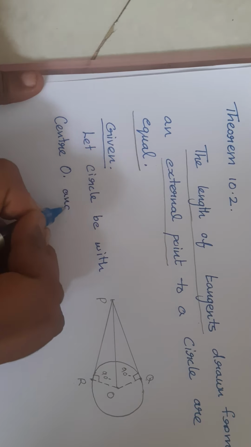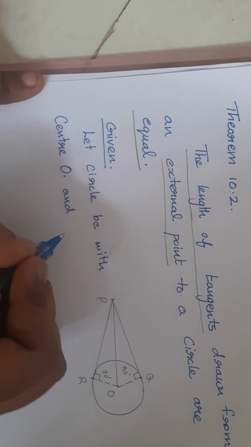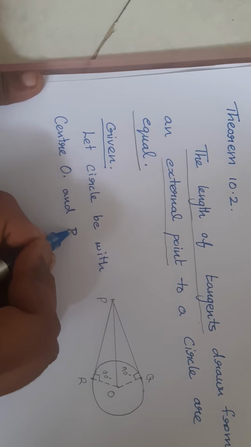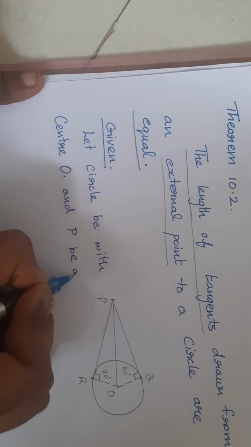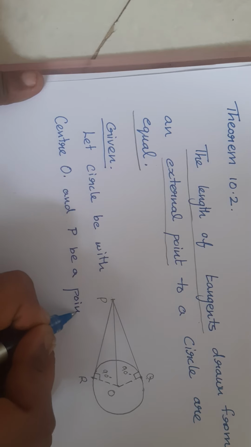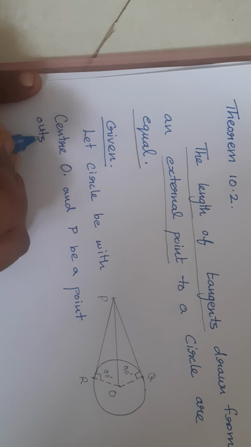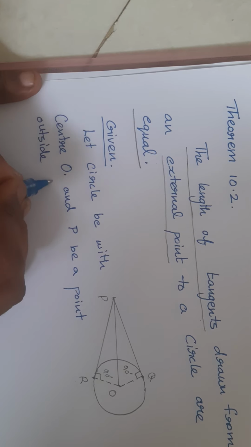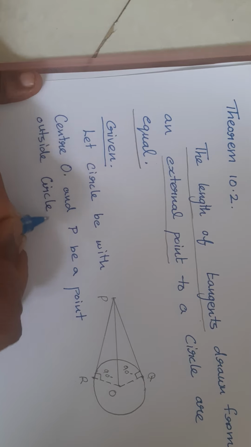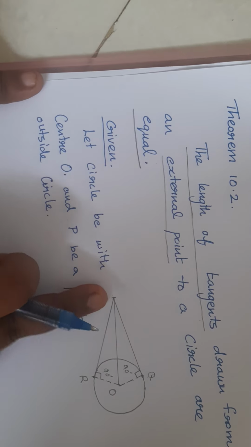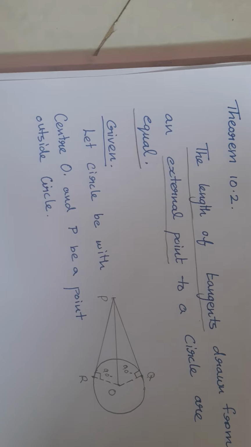Next, let P be a point outside the circle. Point P is outside the circle.